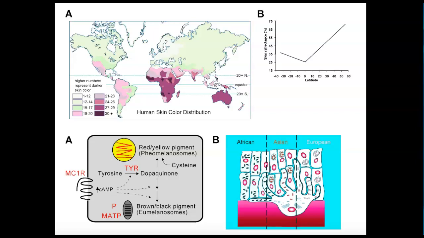Another part of it is that humans need to make vitamin D in order to survive. If you have darker skin and you're not letting a lot of that UV radiation in, it's because we need UV radiation to make vitamin D. But if you live in an area near the equator, you're getting enough of that UV radiation all the time that you can go ahead and block some of it out.